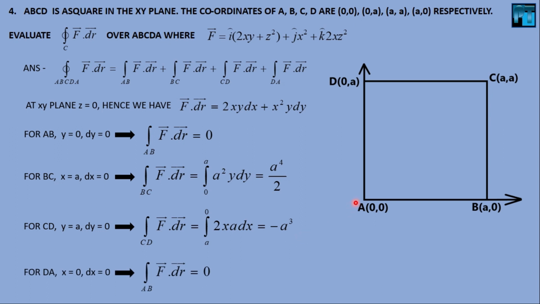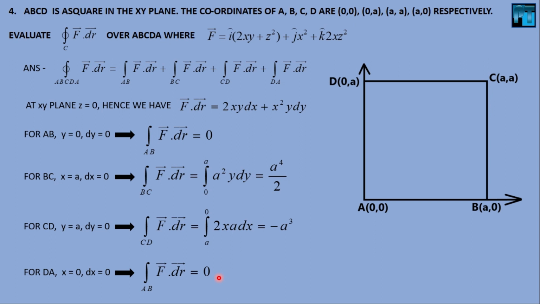Okay, for the last part, that is DA, 0 a to 0 0, x has not been changed, it is 0 to 0, that is x equals 0, hence dx equals 0, so this thing is 0, we are left with x square y dy, but again this has an x, so the whole thing is 0, f dot dr equals 0 as well as the integral f dot dr equals 0.